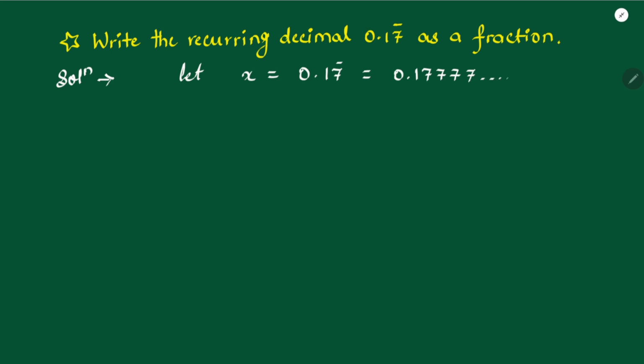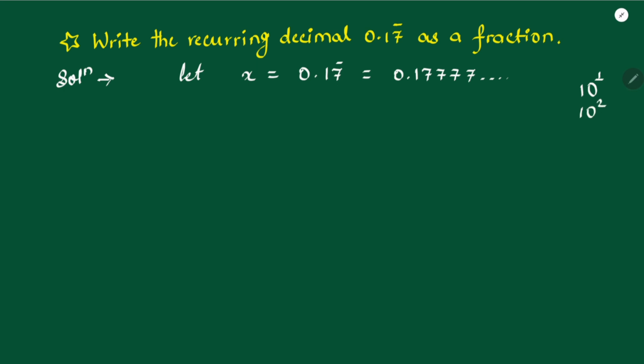First step is to multiply 10 to both sides, because here there is only one digit that is recurring again and again. So we will raise a power of 1 to 10. Had there been two digits repeating itself, we would have put the power 2.